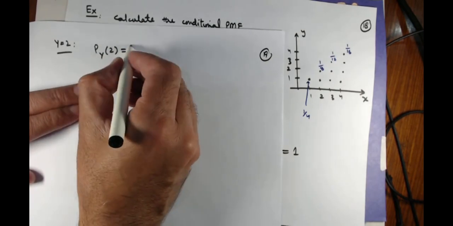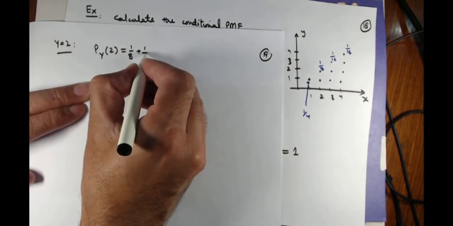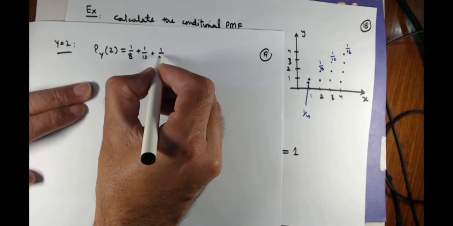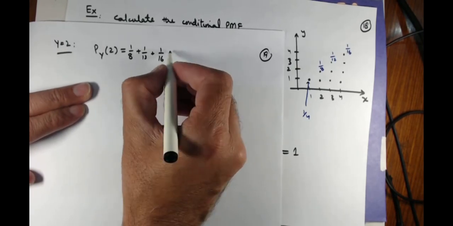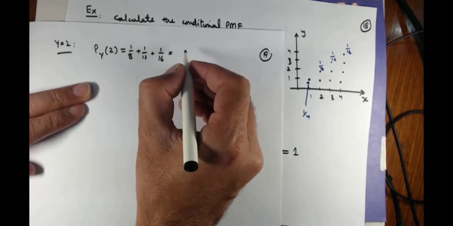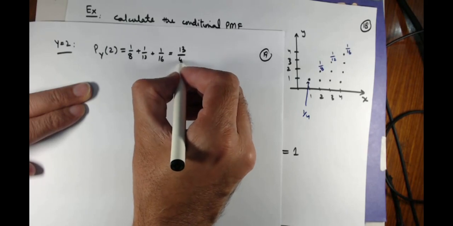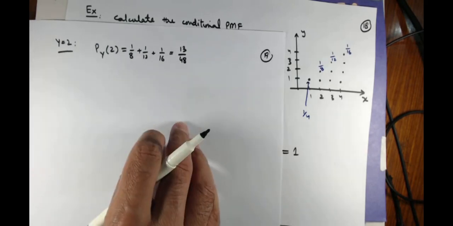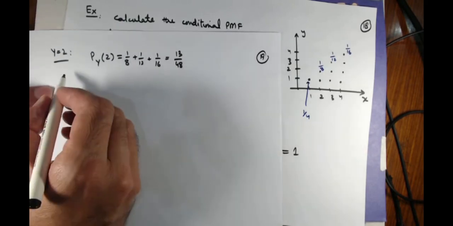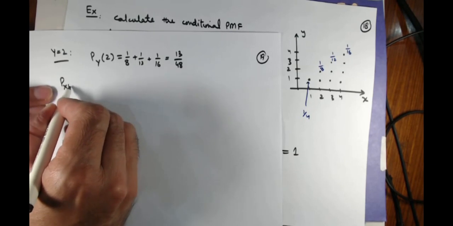So P sub Y of 2 becomes 1 by 8 plus 1 by 12 plus 1 by 16. So this becomes 13 over 48.